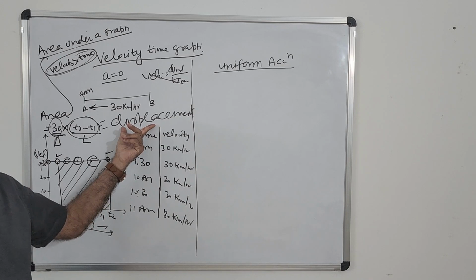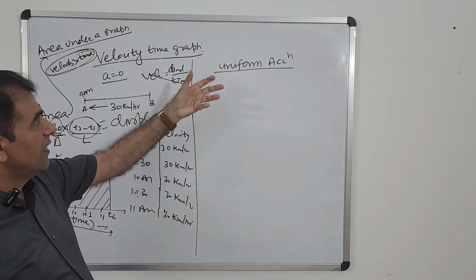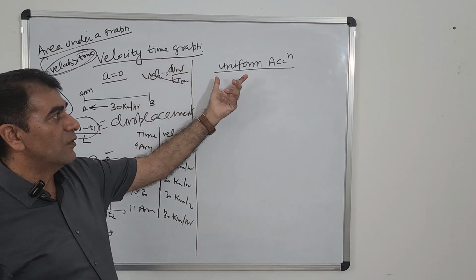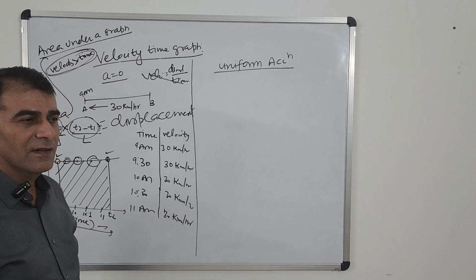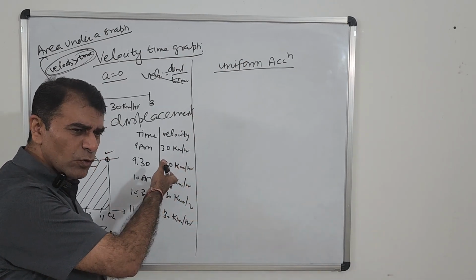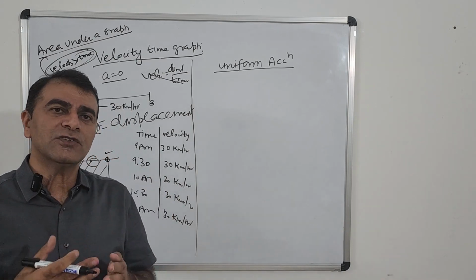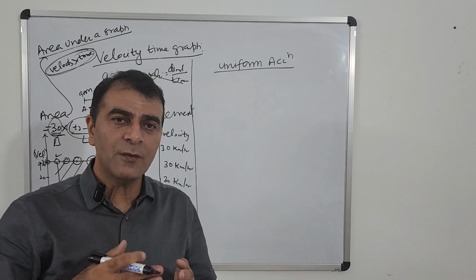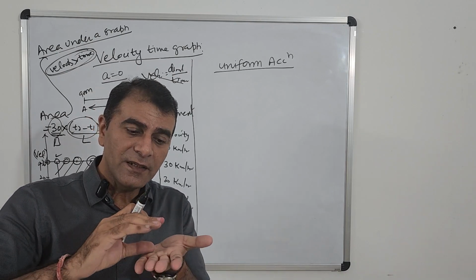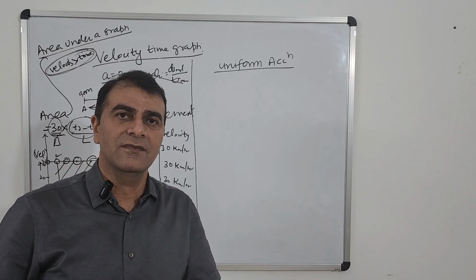Is that okay? Clear? Now we come to a case where a velocity time graph will be drawn where the body is having uniform acceleration. What is uniform acceleration? I just told you in today's lecture. If the change in velocity of a body moving in a particular direction is an equal amount in equal intervals of time, right?